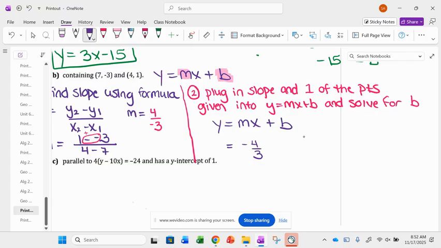And then what I'm going to do is take one of the points, either (7, negative 3) or (4, 1). It doesn't matter which one I choose. Unfortunately, neither of these will work out very nicely. So I'll just choose the smaller numbers, (4, 1), and I'm going to plug in 4 for x, and I'll plug in 1 for y.